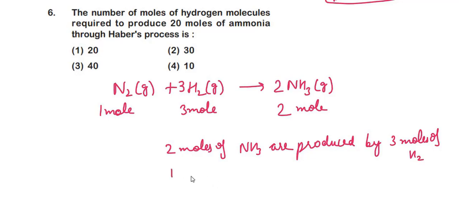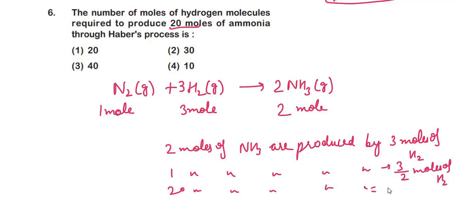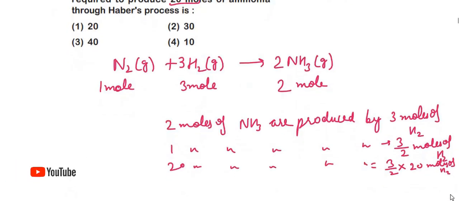If we want to prepare 1 mole, then we can write like this, 3 by 2 moles of H2. But in the question we have to prepare 20 moles of ammonia. So for 20 moles of ammonia, we require 3 by 2 of 20 moles of hydrogen.